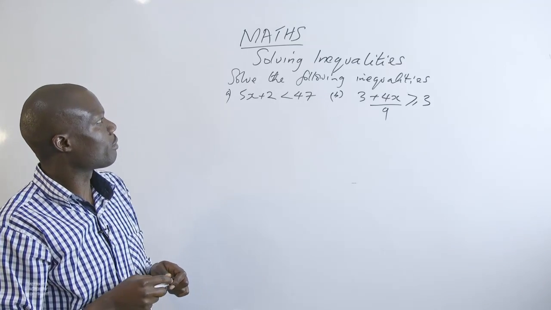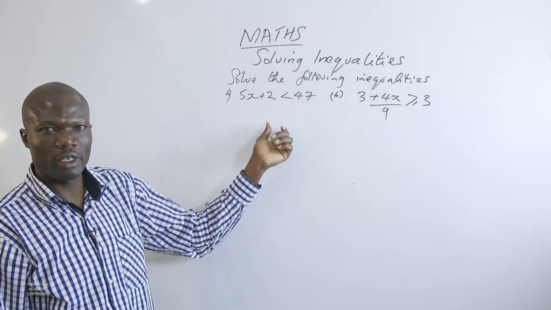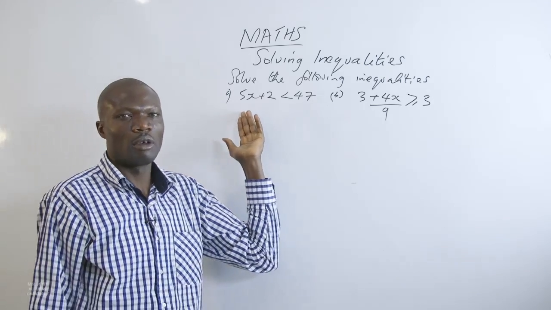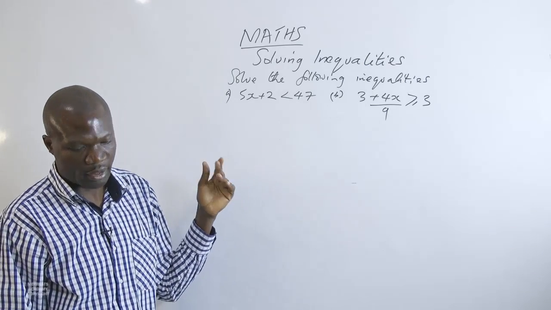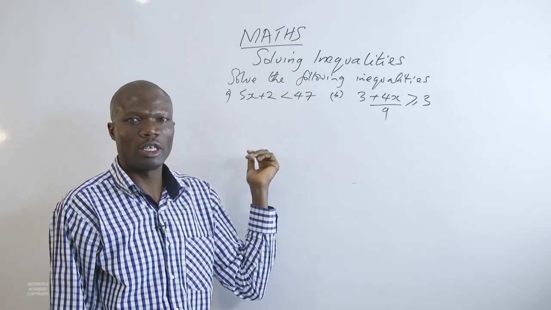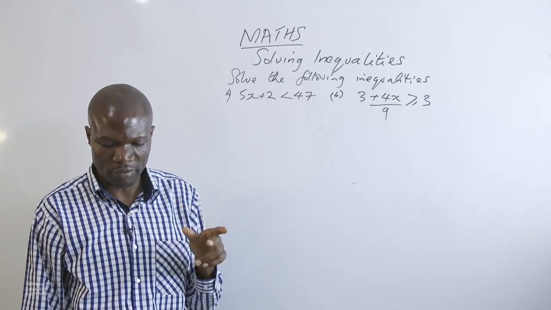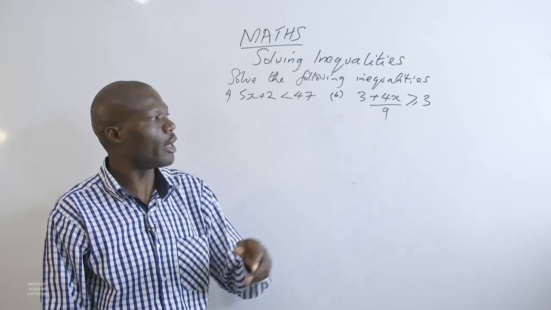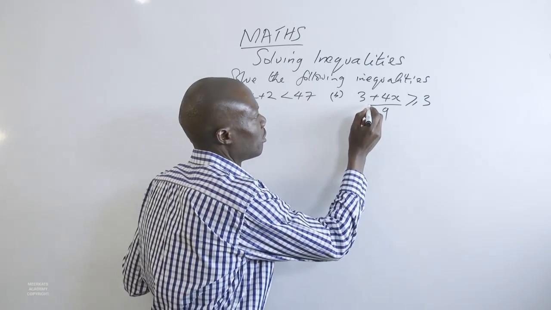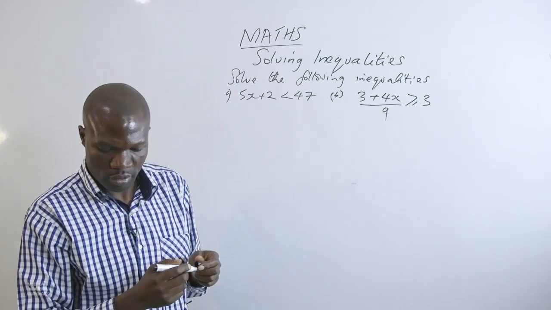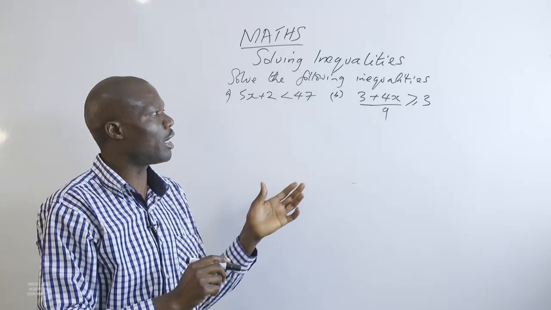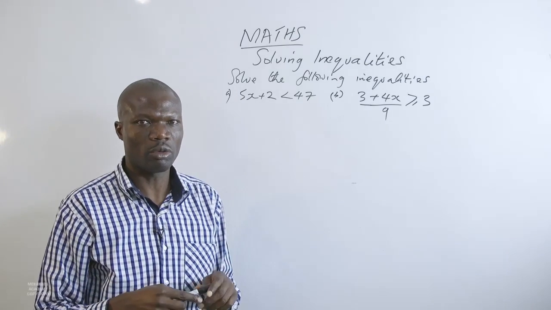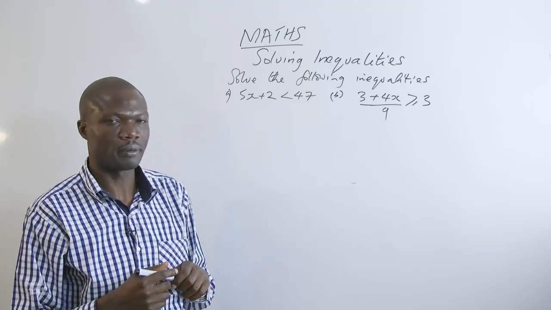Solve the following inequalities. 5x plus 2 is less than 47, and 3 plus 4x over 9 is greater than or equal to 3.